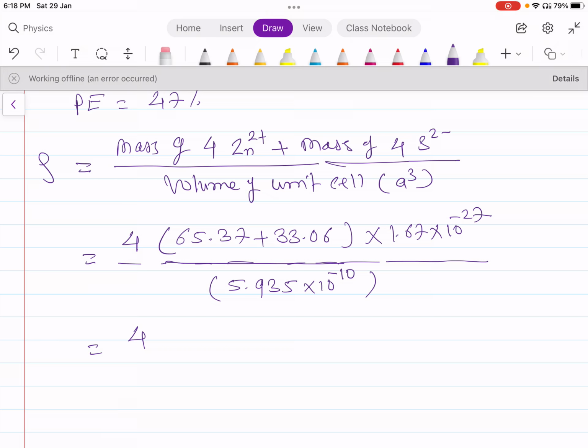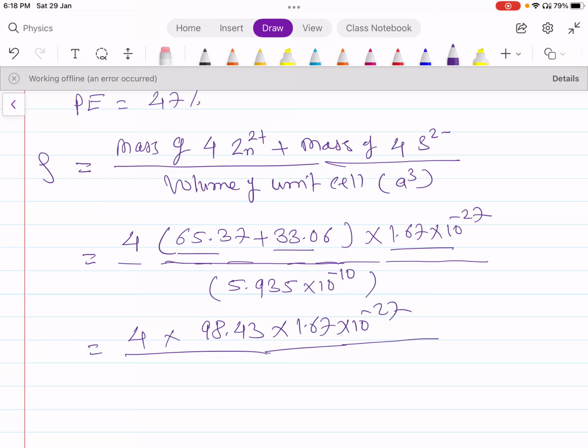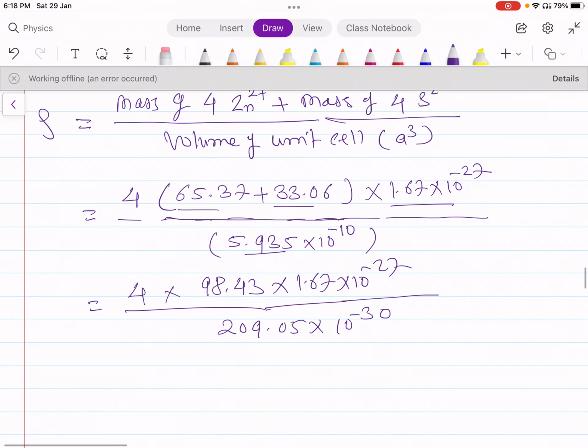Therefore, 4 into this addition is 98.43 into this 1.67 into 10 to power minus 27 divided by cube of this is 209.05 into 10 to power minus 30. And then after simplification you get 3.14 into 10 to power 3 kg per meter cube.